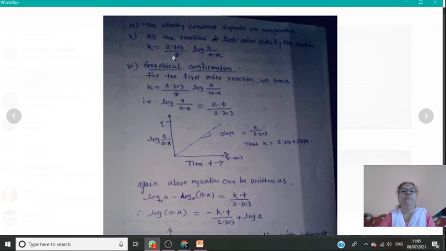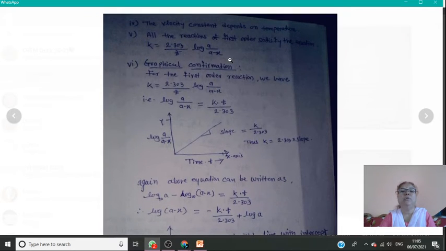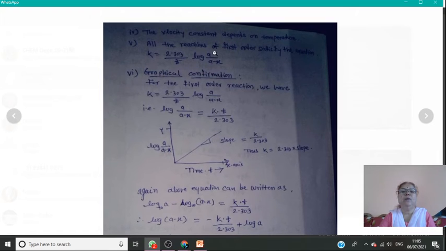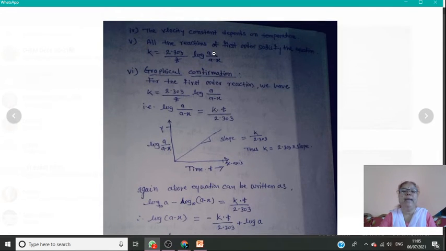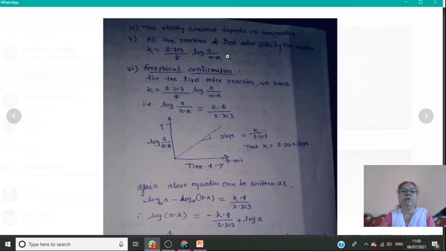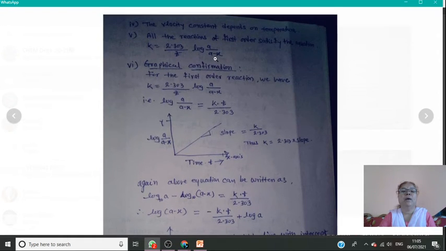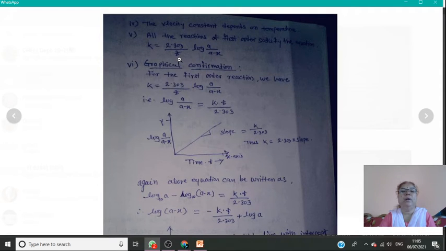All first order reactions obey this equation. In this equation, a is the initial concentration and a minus x is the concentration remaining at time t.